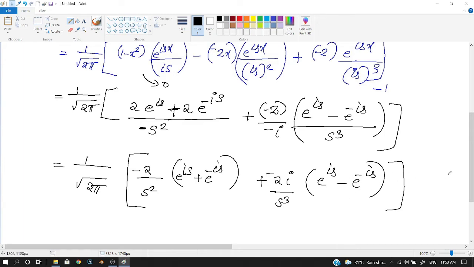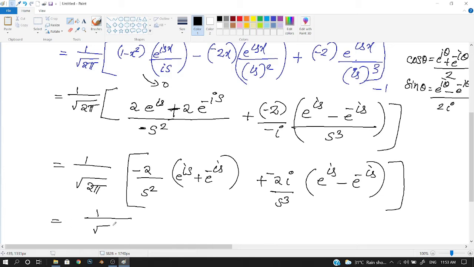Now we can apply the formula for cos theta. What is cos theta? Cos theta is e raised to i theta plus e raised to minus i theta, whole by 2. And what is sin theta? Sin theta is e raised to i theta minus e raised to minus i theta, divided by 2i. Apply those two results here.